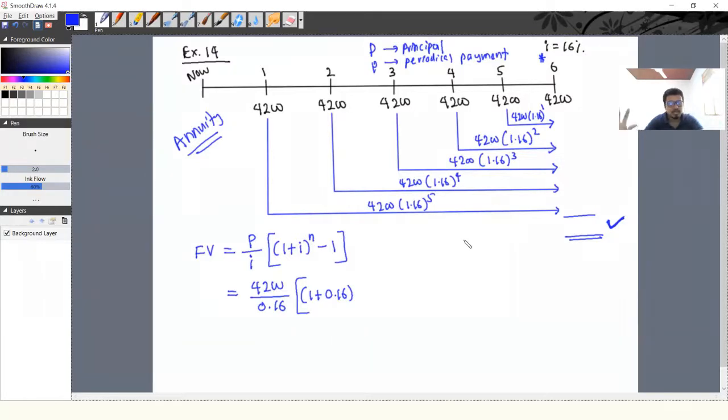After how many years are we going to find the value? After 6 years. Therefore, the value of n should be 6 minus 1. So once you simplify this, what should be the answer?